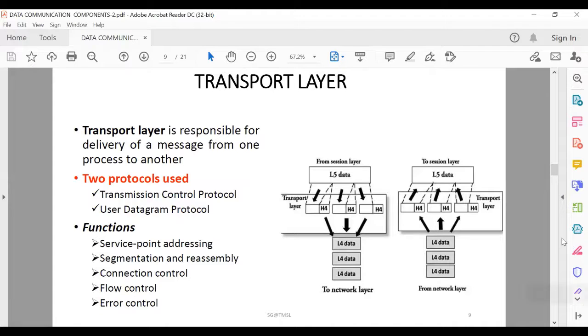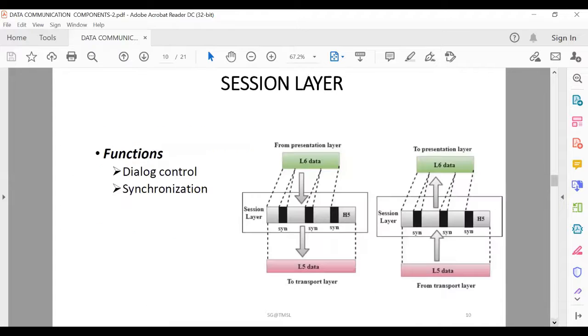Now, coming to the next layer, which is the session layer, the upper layer from the transport. It is used to establish, maintain and synchronize the interaction between the communicating devices.